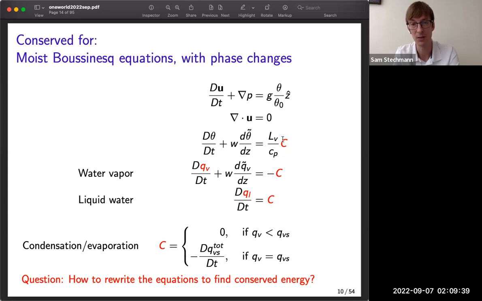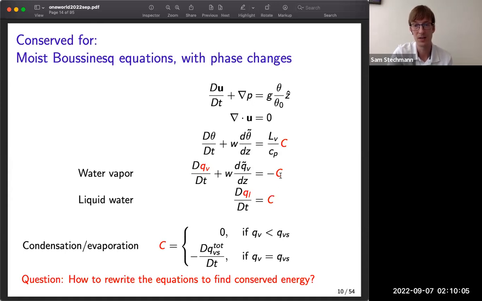For clouds, this C represents the condensation and evaporation. But we are thinking about clouds here, and so we include two additional equations, one for the water vapor and one for the liquid water. The tildes here are the background or reference states. And so the theta and the QV are anomalies from the reference states.